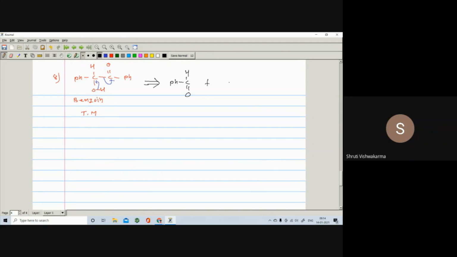At the same time, you are having a C negative, here is C double bond O and Ph. Such type of formation of C negative is very difficult. For this negative, you can write the corresponding synthetic equivalent, also a carbonyl compound, that is a benzaldehyde. Synthetic equivalent.